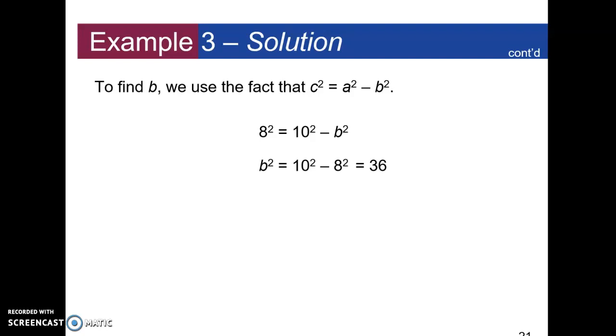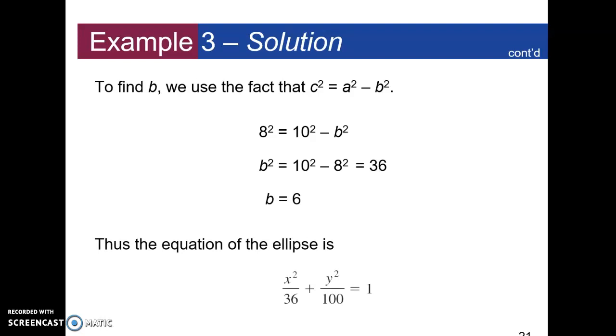So it's x squared over 36 plus y squared over 100 is equal to 1. And you can always tell when you look at an equation of an ellipse if it's a wide or tall ellipse, because you look at where the bigger denominator lies. If the bigger denominator lies with the y squared, then it's a tall ellipse. If the bigger denominator lies with the x squared, then it's a wide ellipse.